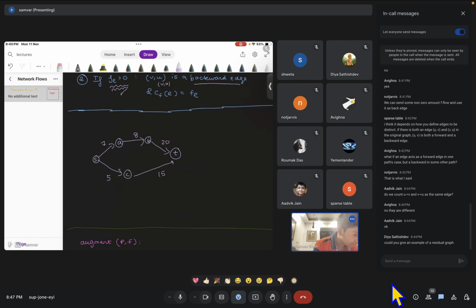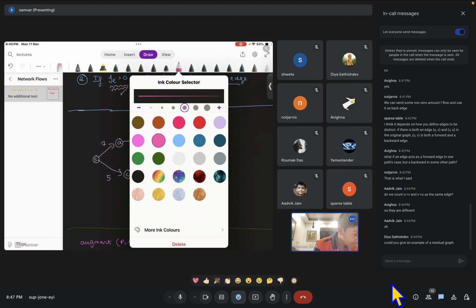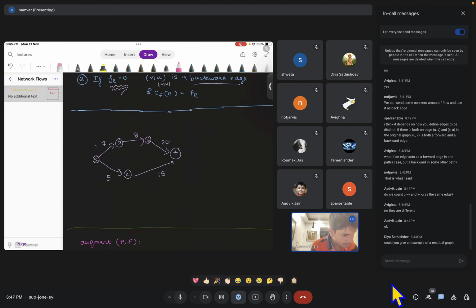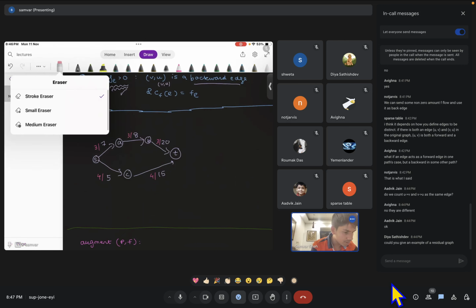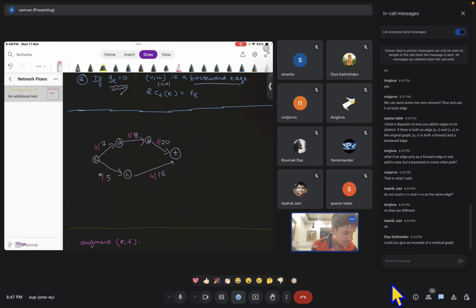So, push 3, push 3, push 4. Yeah, maybe I'll push 0 somewhere. I think I'll just push 0 here, just so that you understand how it works.